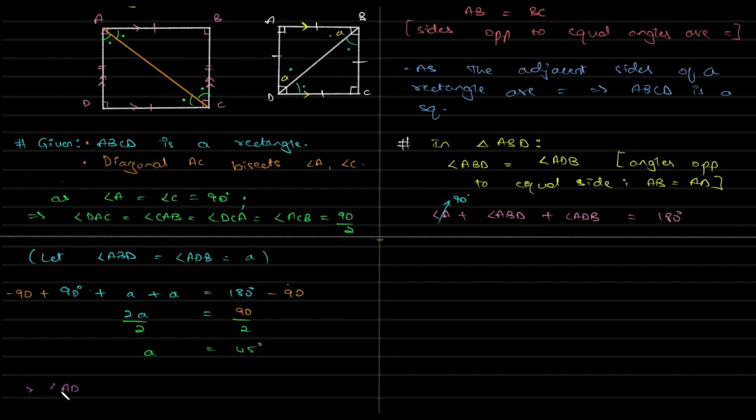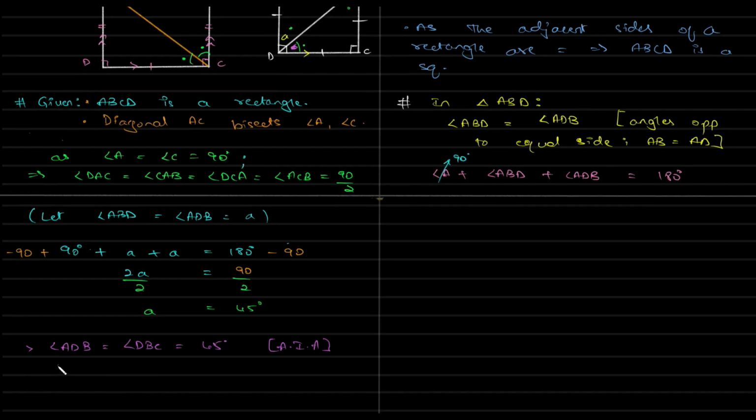So angle ADB is equal to angle DBC, which is equal to 45. They are alternate interior angles. Okay, and similarly, these two particular angles, angle ABD is equal to angle BDC.